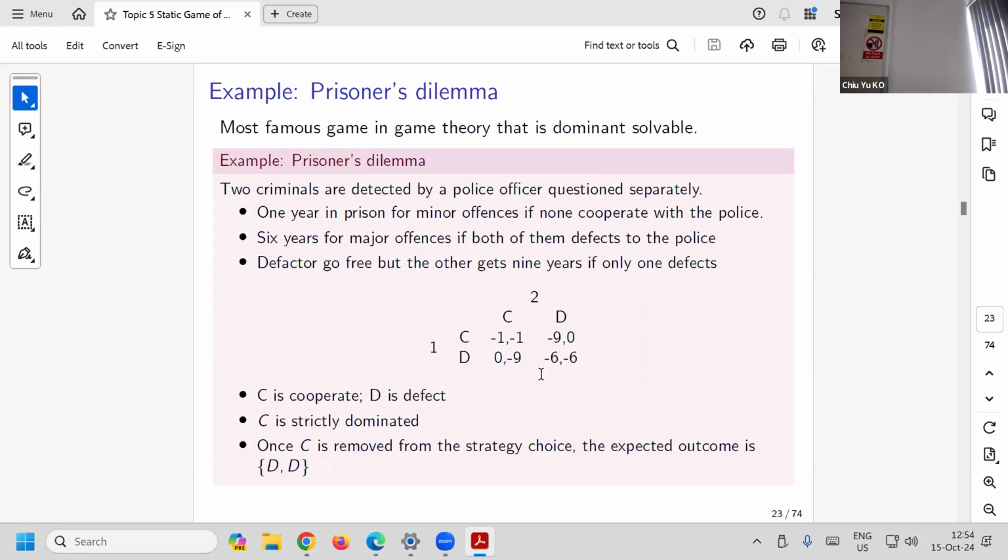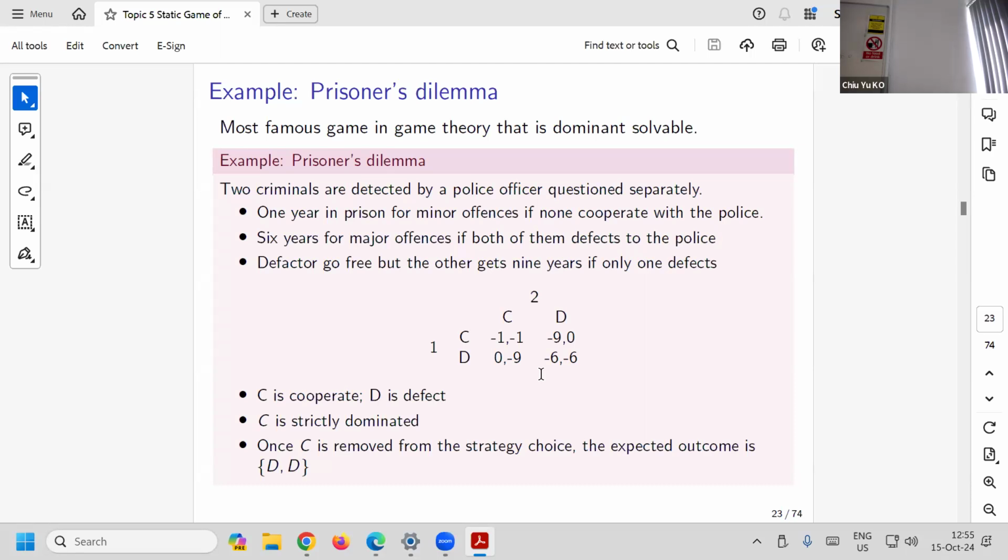And this matrix is a full description of what we said. First, you have the player set, which in this case is 2 players, player 1 and player 2. For each player, the strategies are represented by the first column: C and D, cooperate or defect. Cooperate means they keep their mouth shut; D is defect, telling the police the truth.